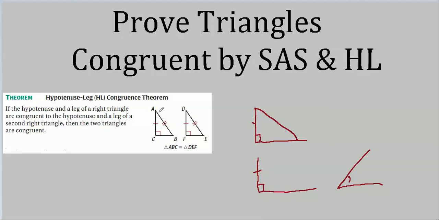But this isn't, because this is a side-side-angle, which in general is not true, but for a right triangle it is, where this side here is actually the hypotenuse and this is the leg, and that's why it says HL over here rather than SS, hypotenuse and leg, because in a regular old triangle we call these sides.